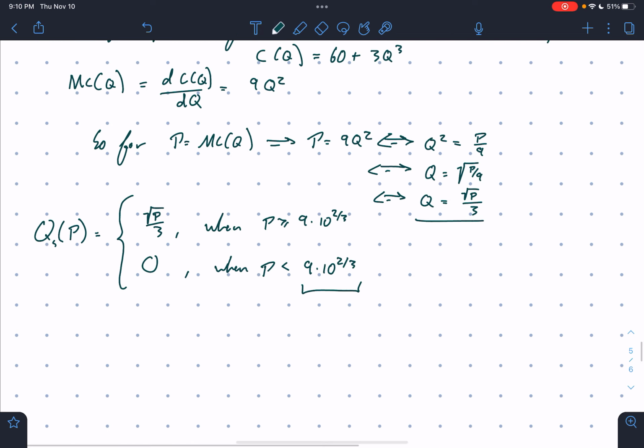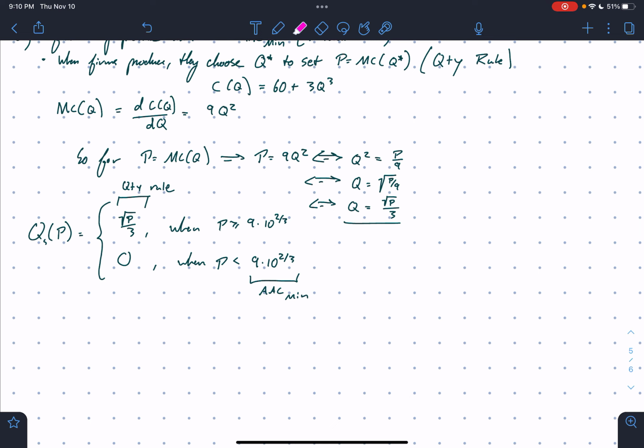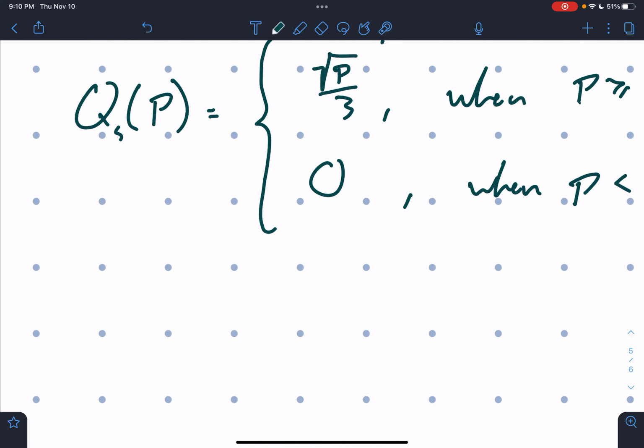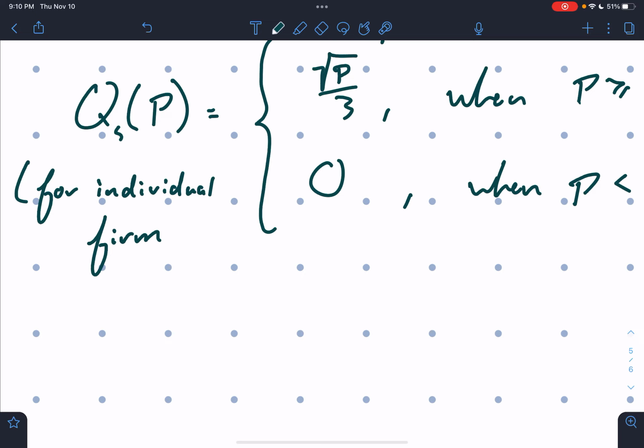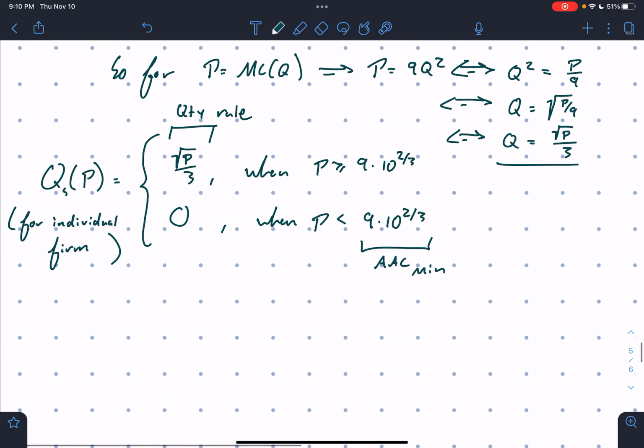Right, because this is the AAC min. This is based on the quantity rule. This gives us the supply function for an individual firm. Okay, so this is the one firm's choice.